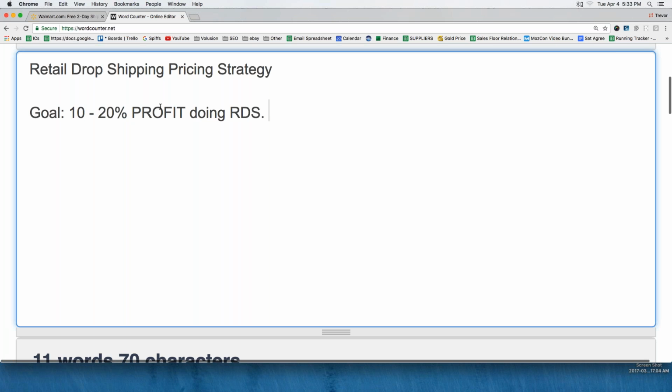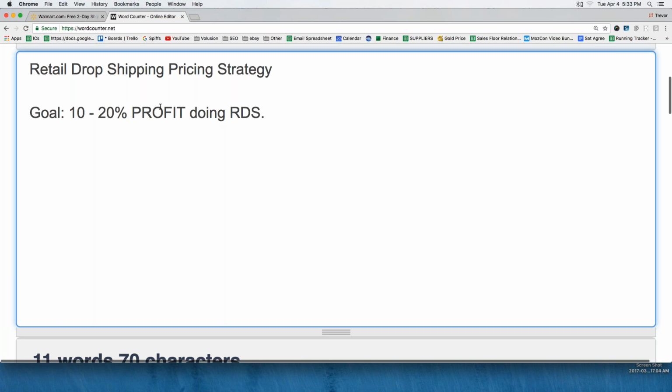So that means if I sell a product for $100, I want to make somewhere in the neighborhood of $10 to $20 profit. And when I say profit, I mean after fees and shipping and sales tax and PayPal and every other fee associated with selling something. Okay, so that's the first thing.